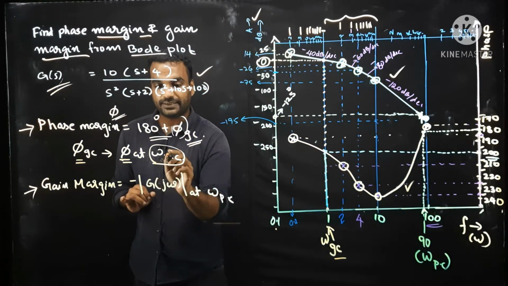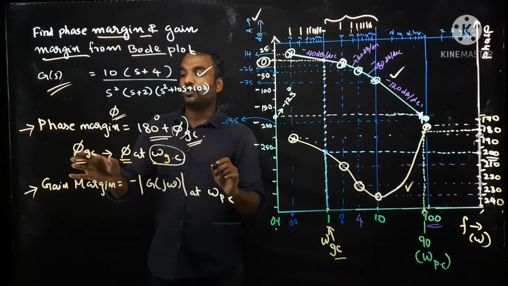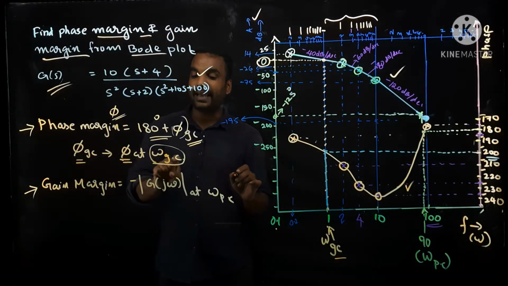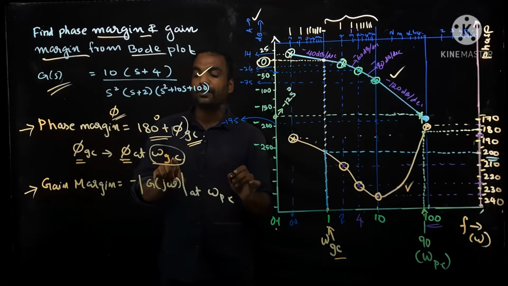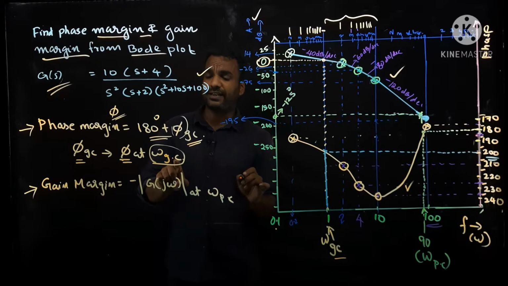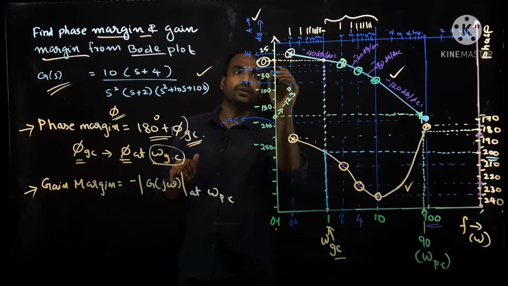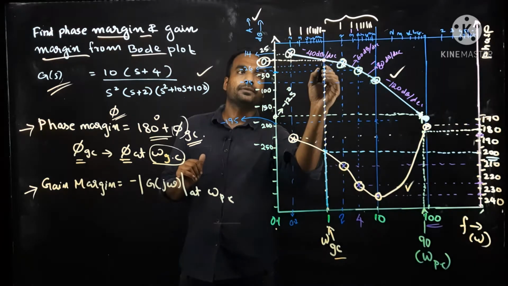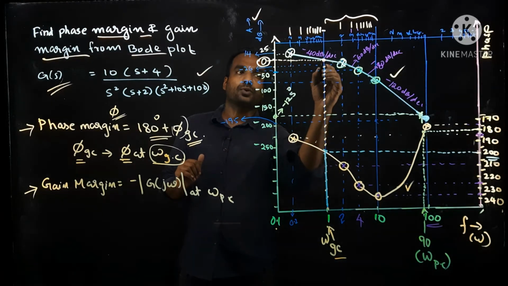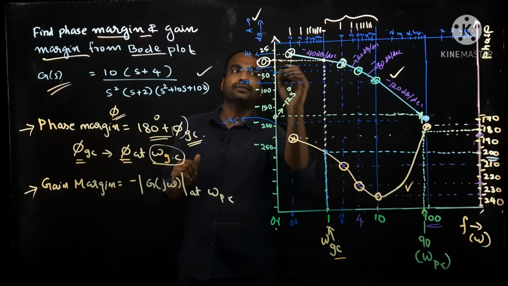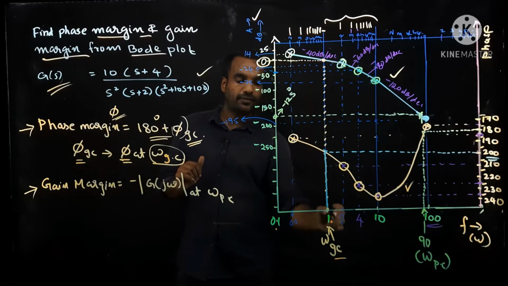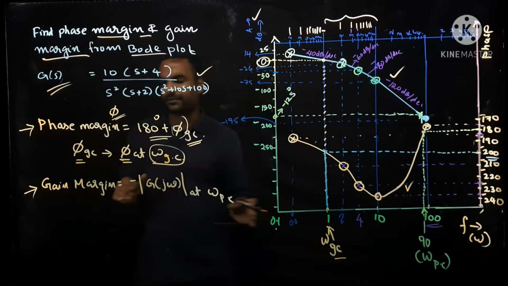So phi GC is the phase at gain crossover frequency, omega GC. Gain crossover frequency is the frequency at which gain crosses 0 dB. Here you can see this is 0 dB, and the magnitude plot crosses 0 here. So this is the point, and from that we can find omega GC.